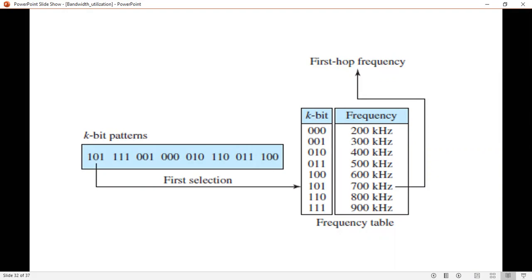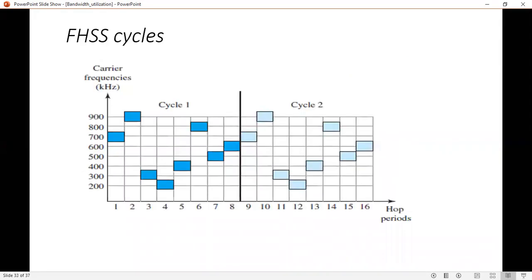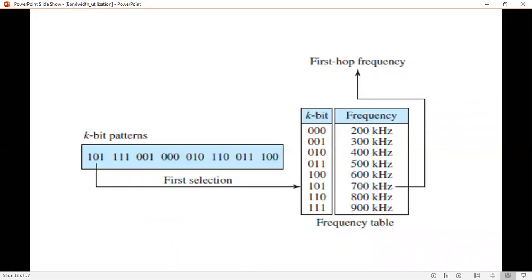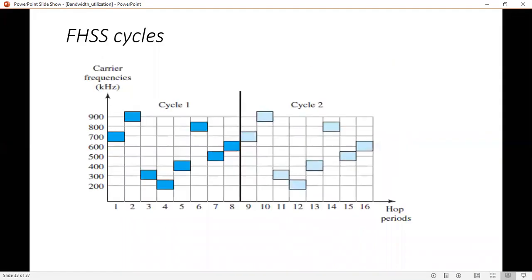In a similar way, you have 8 k-bit patterns. After 8 hoppings, the pattern repeats starting from 101 again. This shows the repetition, cycle 1, cycle 2. In cycle 1, the first hopping period selects a 700 kilohertz carrier frequency.